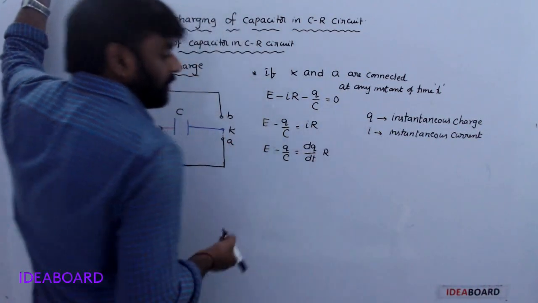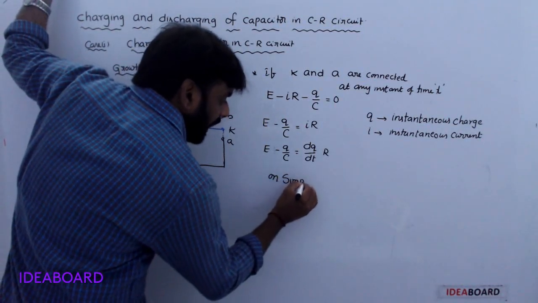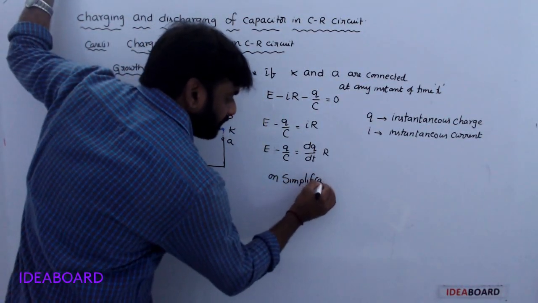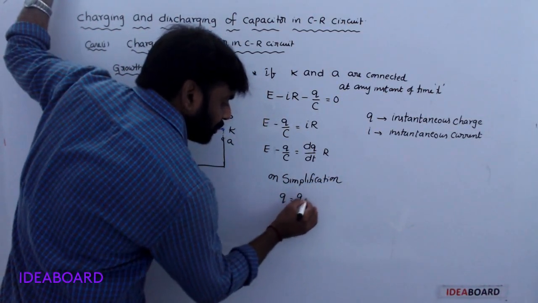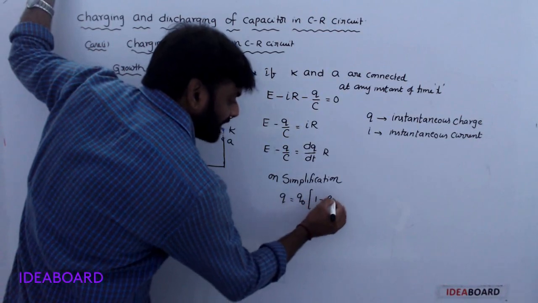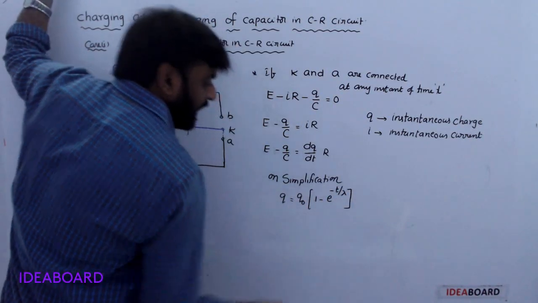On simplification, Q is equal to Q naught into 1 minus e power of minus t by lambda.